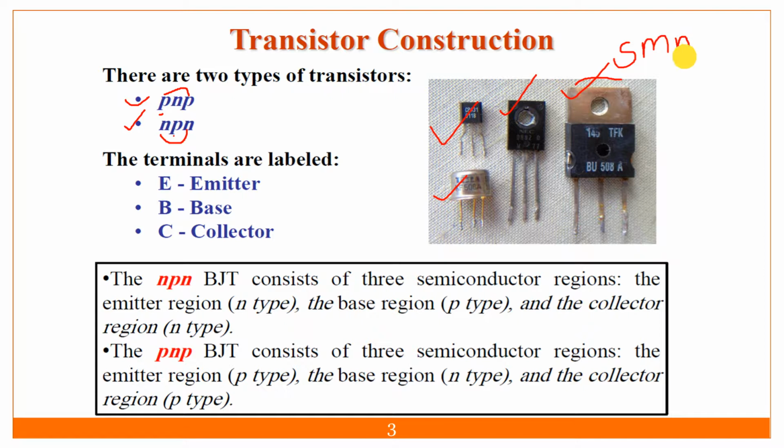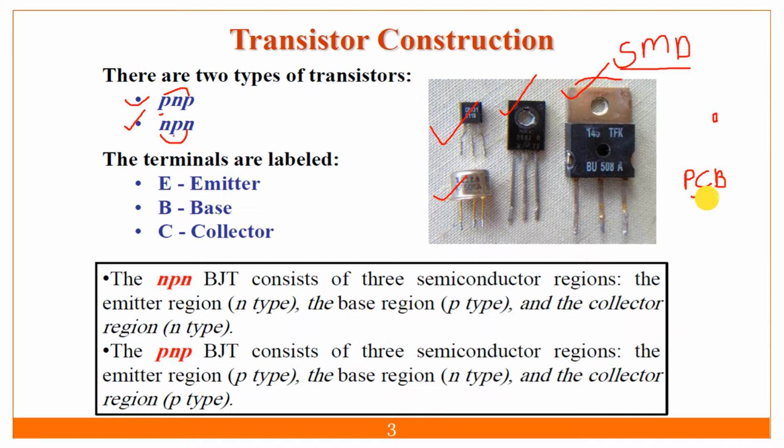These devices are very small compared to this one. You cannot solder them in the usual way, but you can mount them directly on the board, that is the printed circuit board, which we call the PCB.